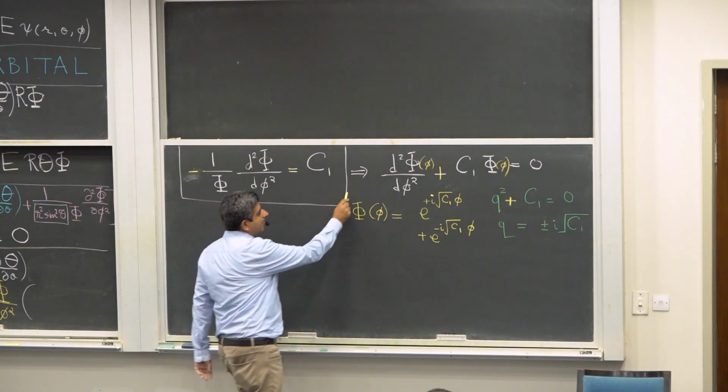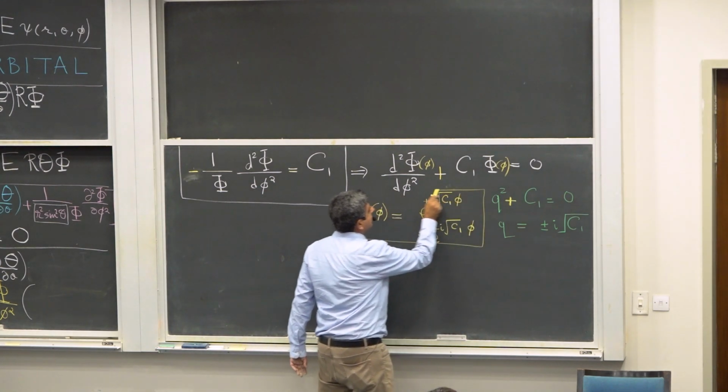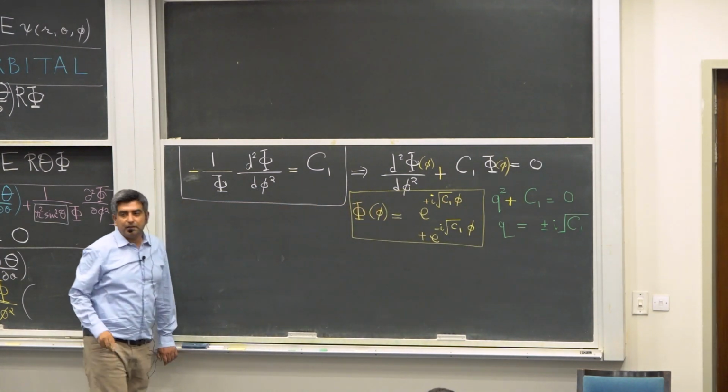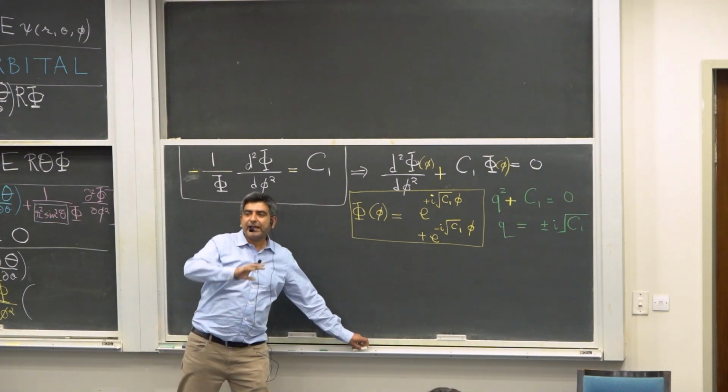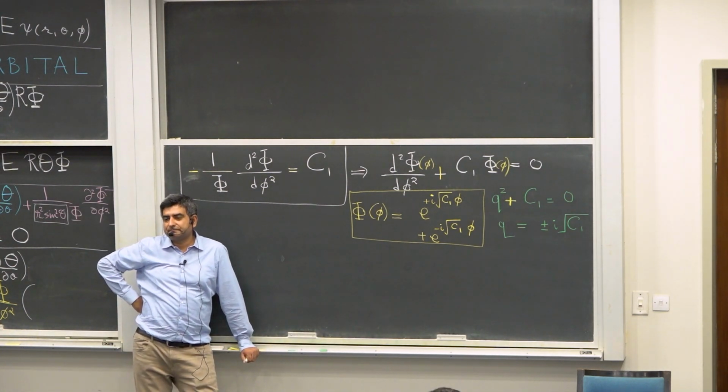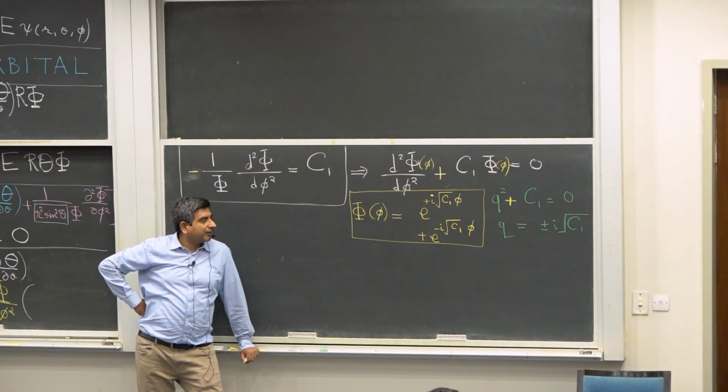All right. So now what I have is the azimuthal part of the wave function. Got it? All right.